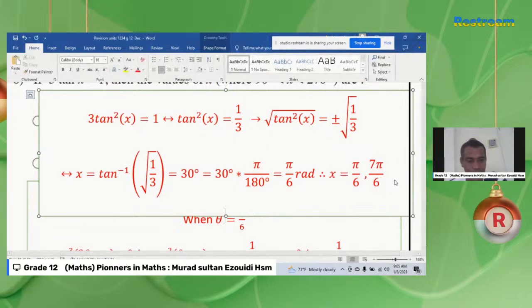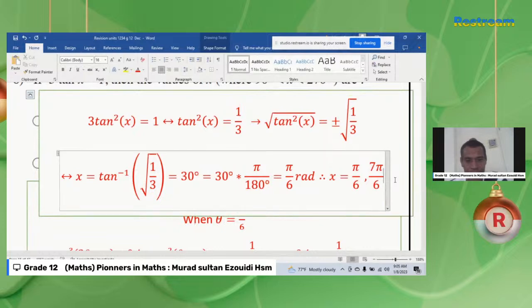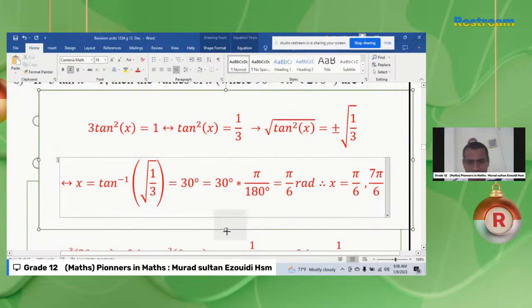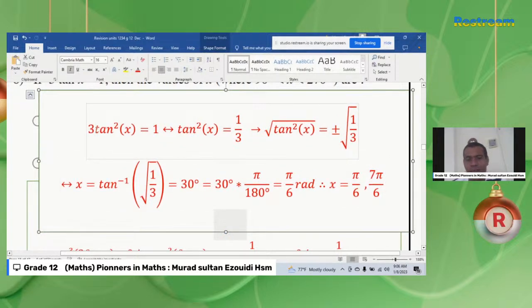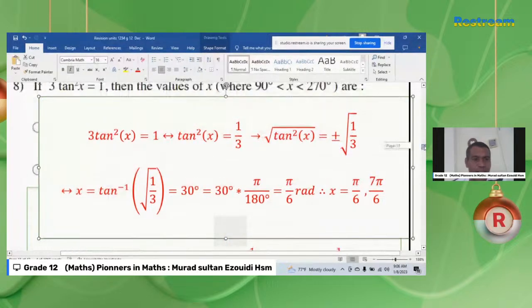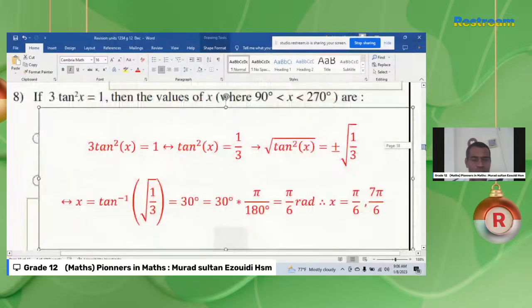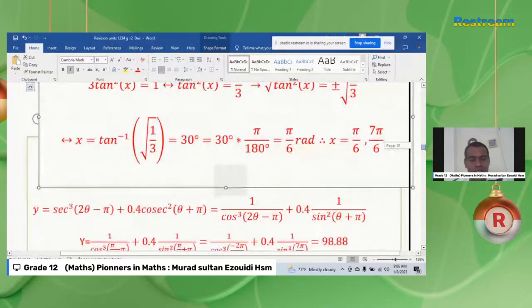But here, learners, you can see that my angle is between 90 and 270.